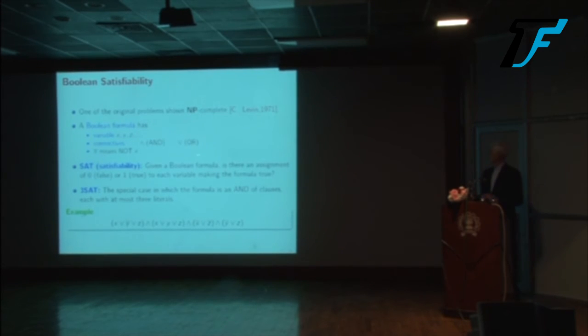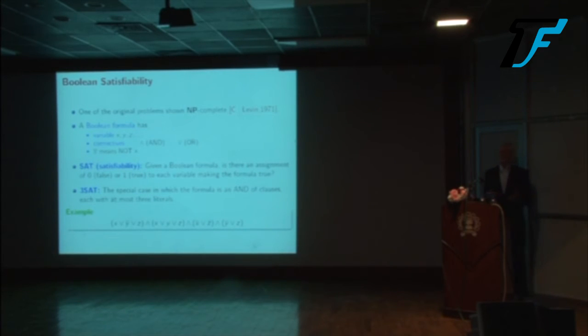A Boolean formula, a propositional formula, has variables x, y, z, and connectives and, or, and not. You build a formula out of those variables and connectives. And then the question is: is it satisfiable?